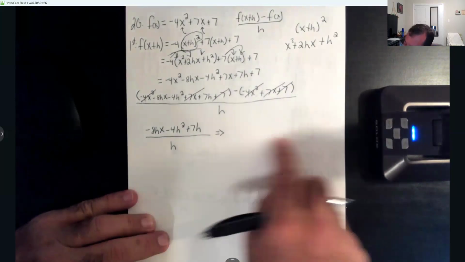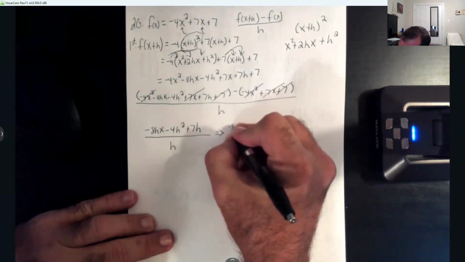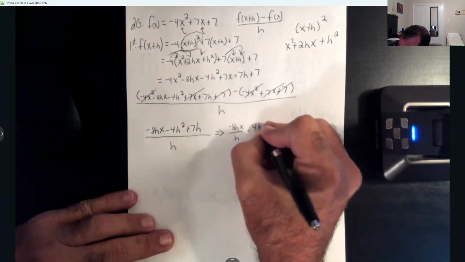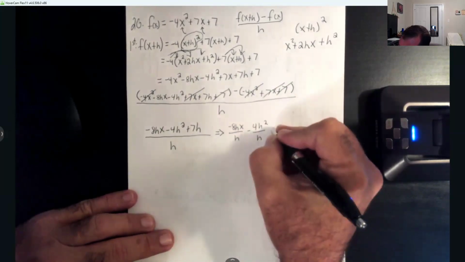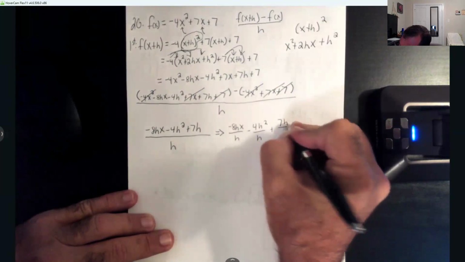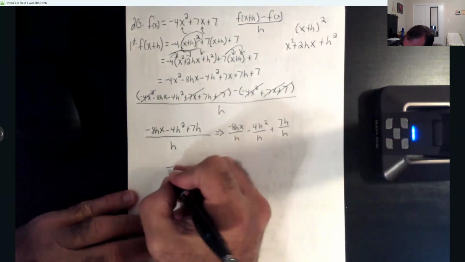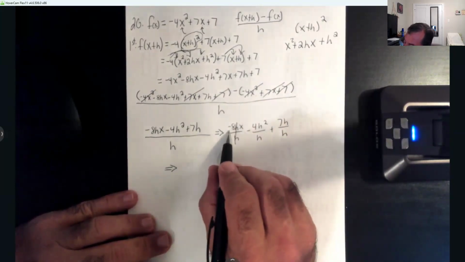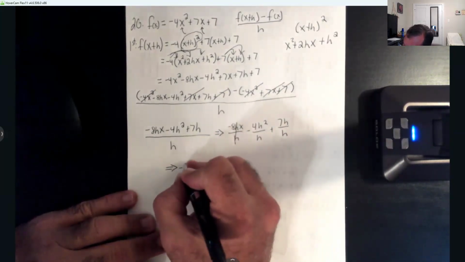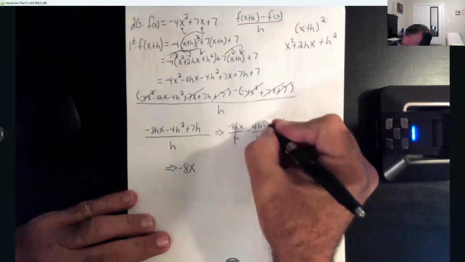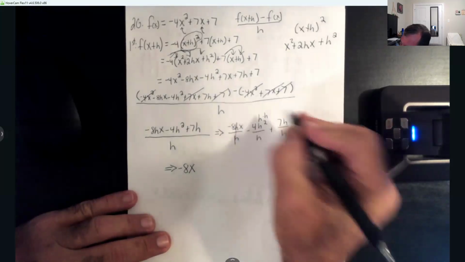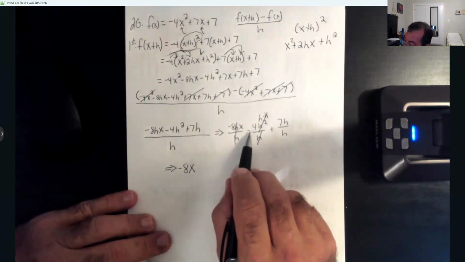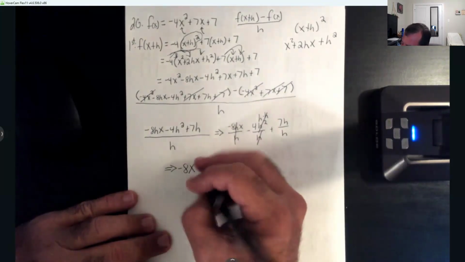And y'all, I'll draw this out real quick and show you what's got to happen. But everybody on top has to get divided by the h on the bottom. So these h's cancel, and you're left with a negative 8x. Remember, h squared is h times h, so one h cancels with that h, leaving a negative 4h.